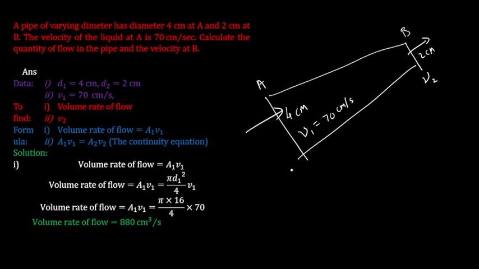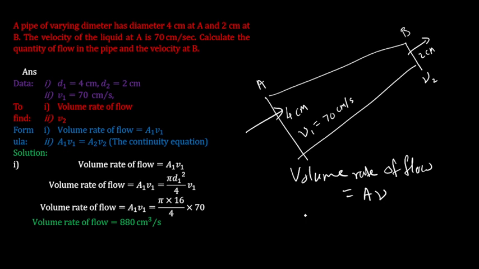So volume rate of flow is given by the area of cross section multiplied by the velocity of flow.